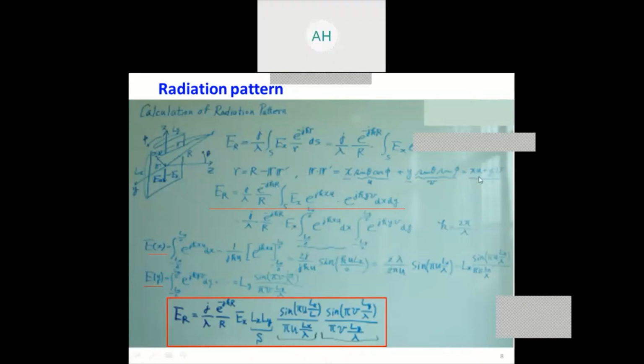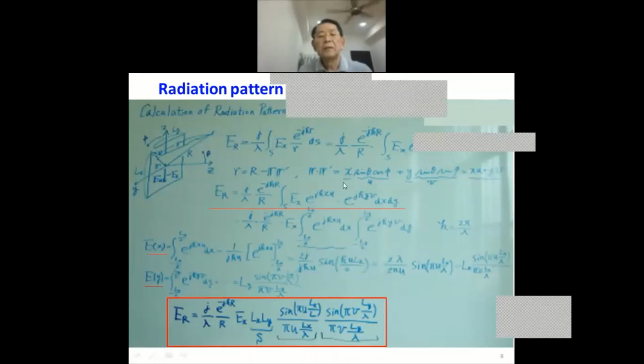So like this, this is expressed by xy coordinate. Then this sine theta cosine phi and sine theta sine phi are expressed as u and v for simplicity. So this integral is expressed by this one.